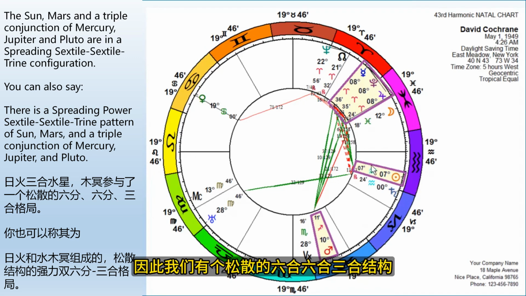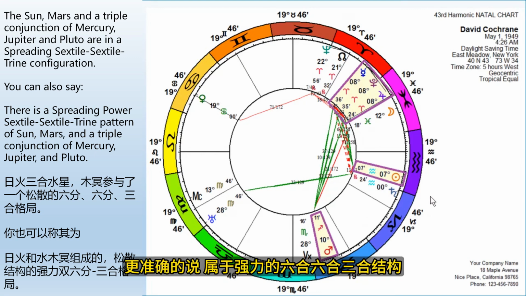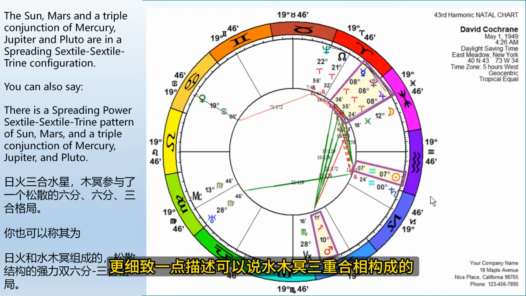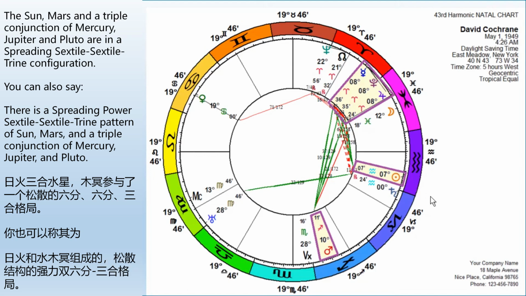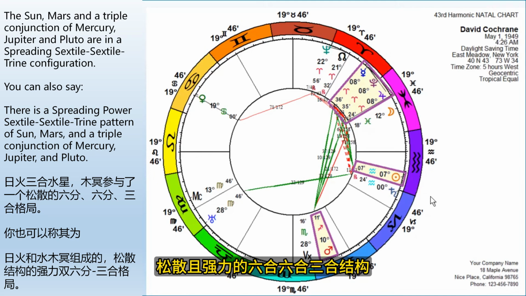So we have a spreading sextile trine. More specifically, we have a power sextile trine. And more specific than that, to really describe it well, it's a spreading power sextile trine with a triple conjunction of Mercury, Jupiter, Pluto.